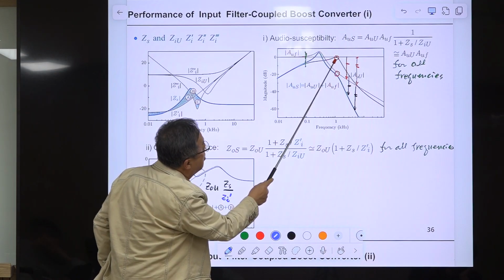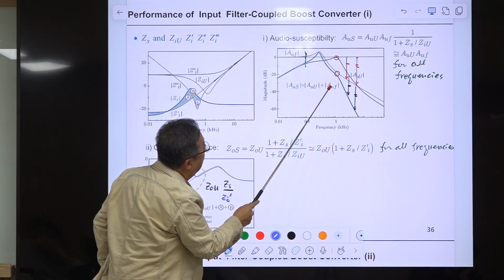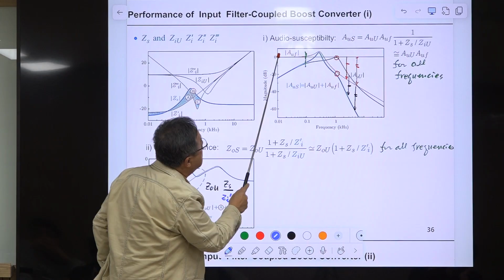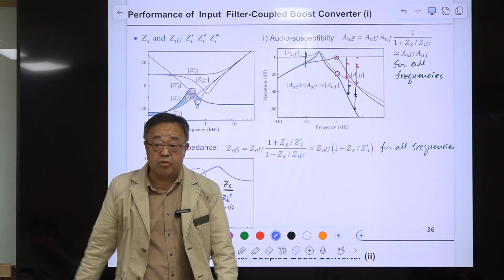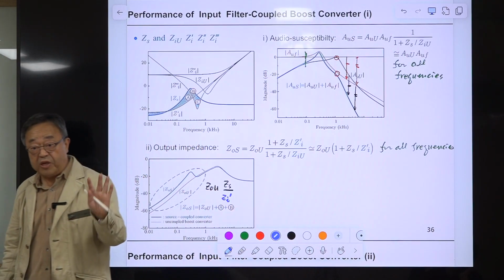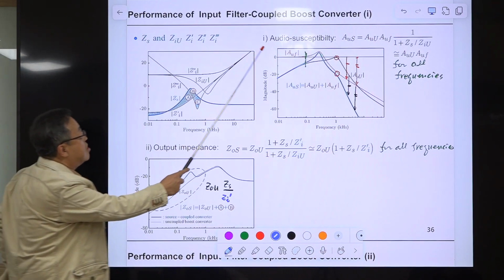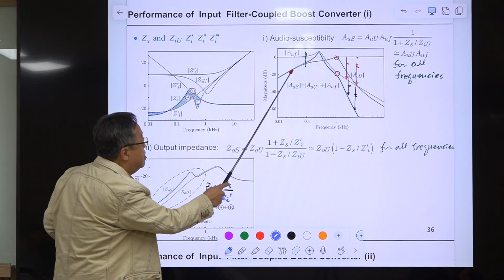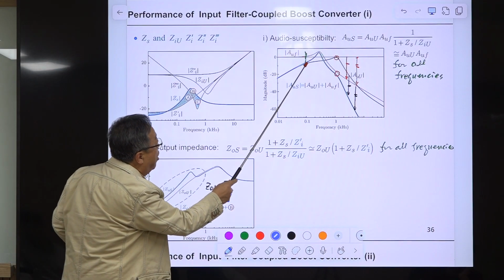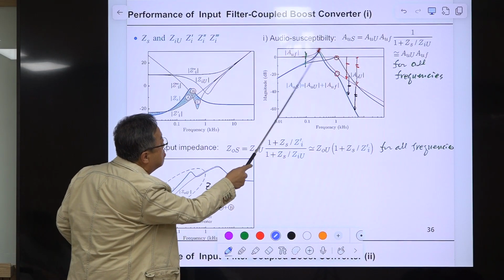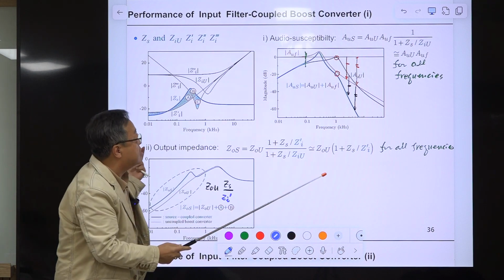Then you need to add AUF, but at low frequency, AUF is 0, because this is a low-pass filter. So at low frequencies, there is nothing to add, and they remain the same. And it follows this. This is the peak of this filter stage.